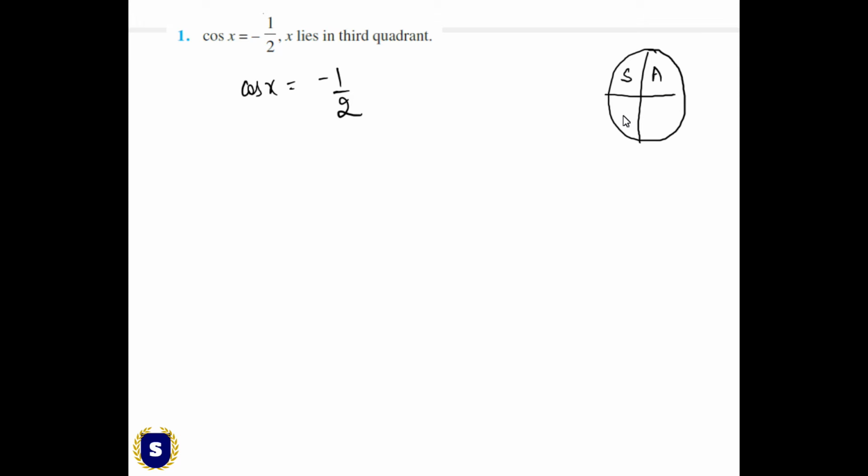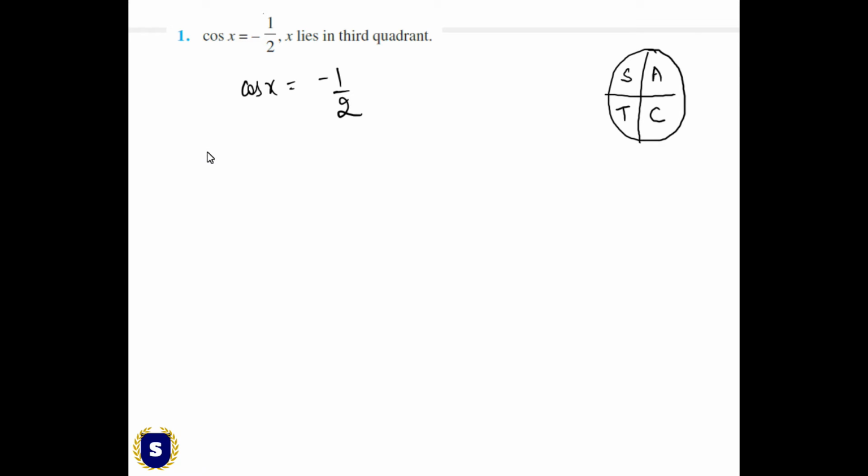In the third quadrant tan and cot functions are positive, whereas in the fourth quadrant cos and sec functions are positive. Okay, so let us find the value of trigonometric functions.